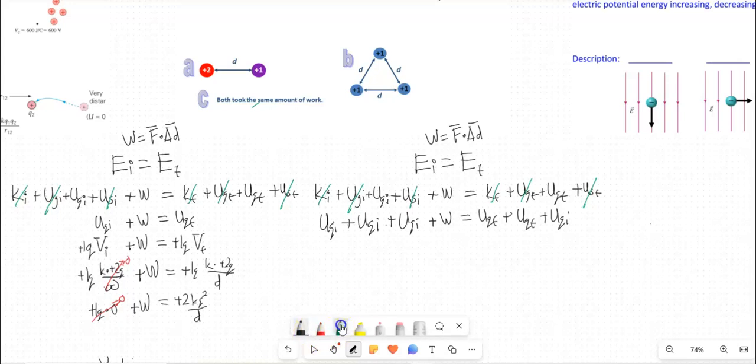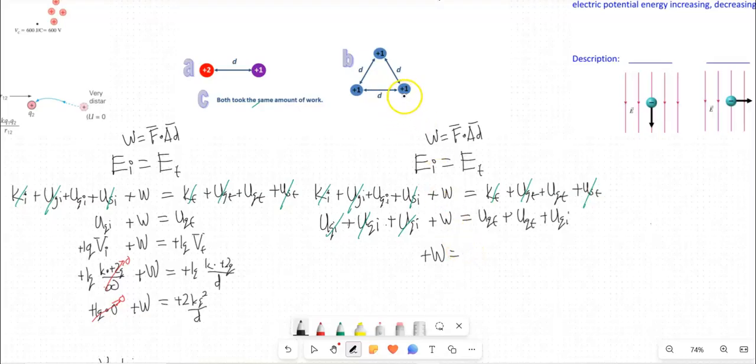But how we just learned, if they're an infinite distance away, because I want to get to the point, those initial energies are 0.